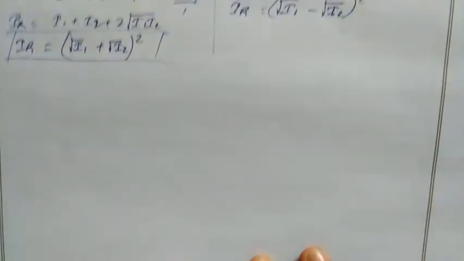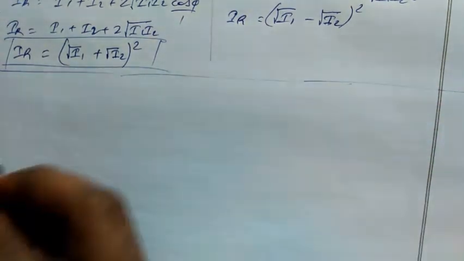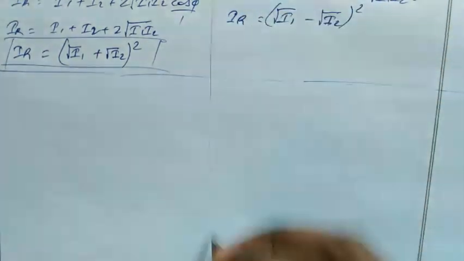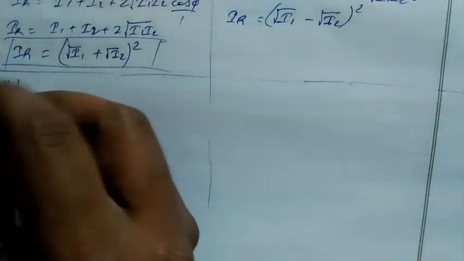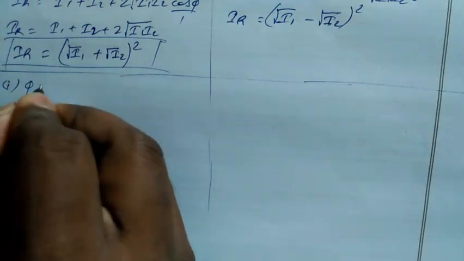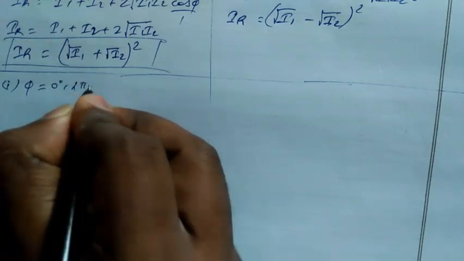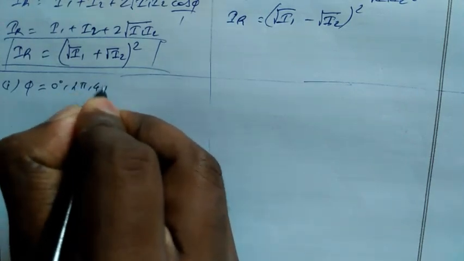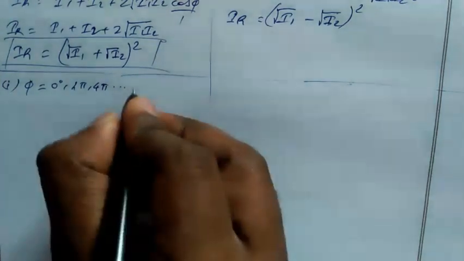The main things that you have to remember are the basic 4 formulas for both constructive and destructive. First one is our phi value that starts from 0, 2 pi, 4 pi, etc., up to which value?